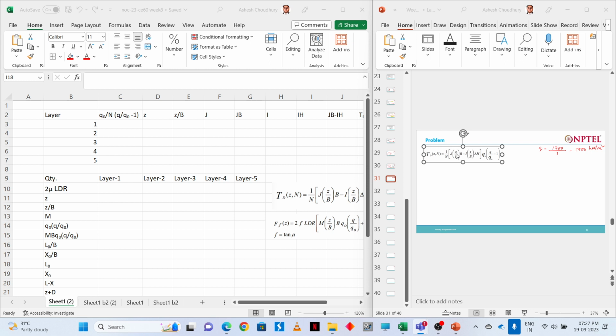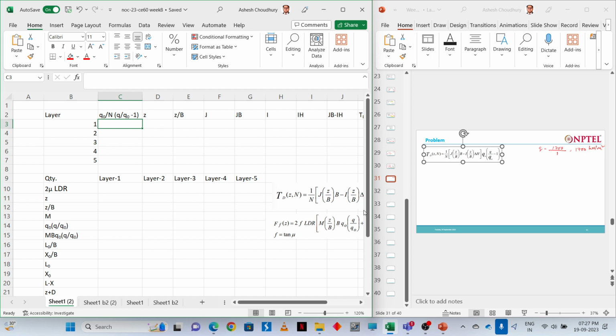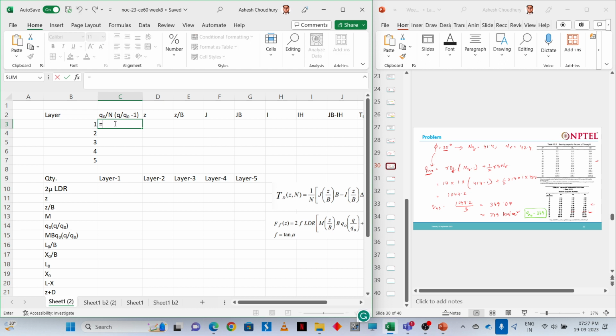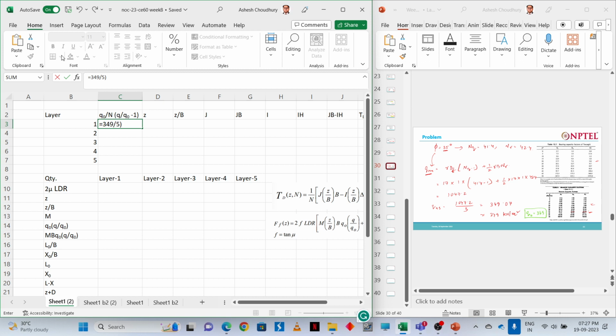So we need the terms J into B, I into H, q naught by H. All these terms we will calculate one by one separately. So what is q naught? We just calculated. What is q naught? 349.